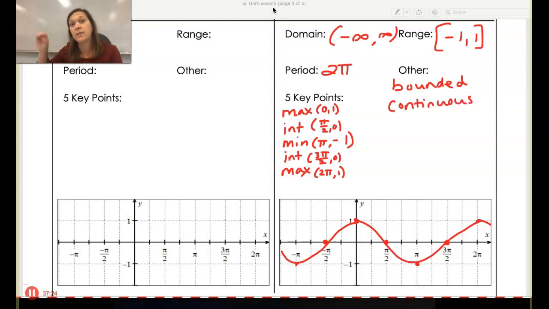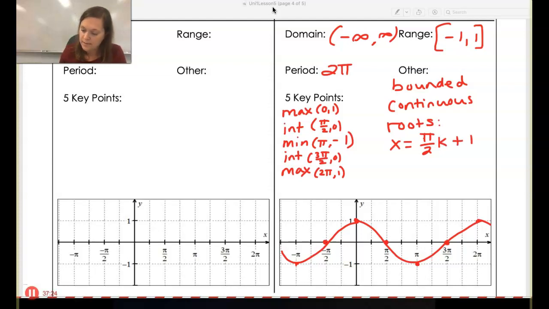It just keeps happening over each period again. And my roots this time are all values of x when x is equal to half a pi times some number k plus pi k's, right? Where k again has to be an integer. Okay, so that is your cosine graph.